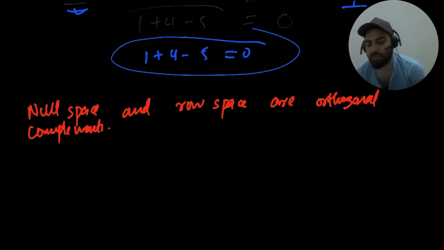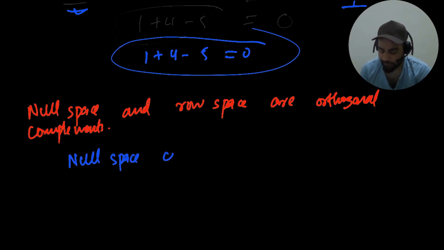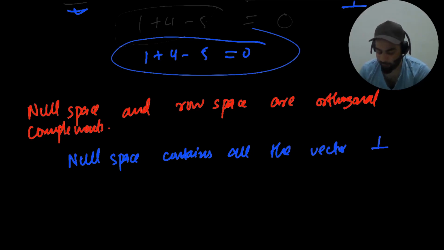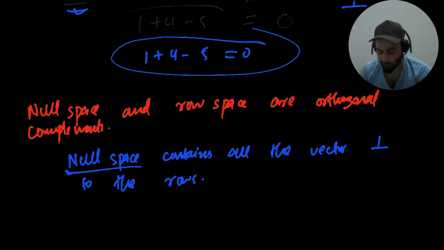That means the null space contains all the vectors that are perpendicular to the row space. Whatever vectors are perpendicular to the row space, the null space has those vectors. That's why they are called orthogonal complements.